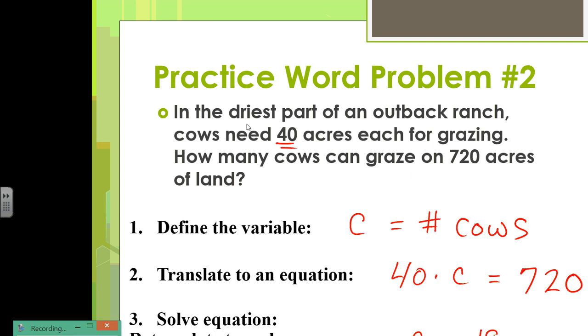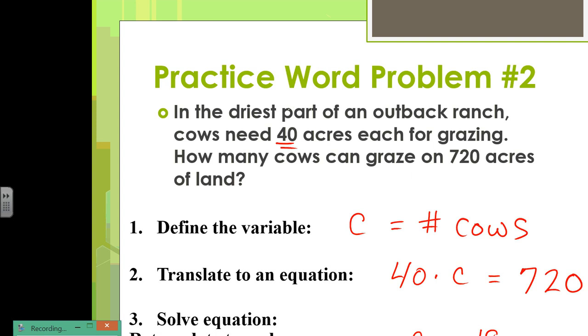All right, welcome back. Hopefully you defined the variable. In this case, it says in the driest part of an outback ranch, cows need 40 acres each for grazing. Cows take up a lot of land when they eat all of the plants and vegetation, I guess. How many cows can graze on 720 acres? So C is equal to the number of cows that you're looking for. 40 each.